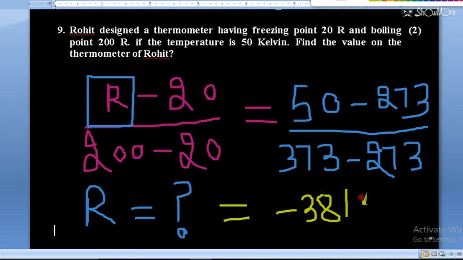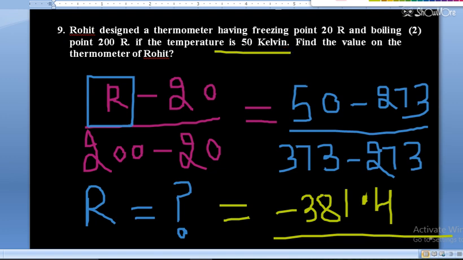This will be the value on Rohit's thermometer at temperature 50 Kelvin. When the surrounding temperature is 50 Kelvin, the temperature on Rohit's thermometer will be minus 381.4. This will be the answer for question number 9.